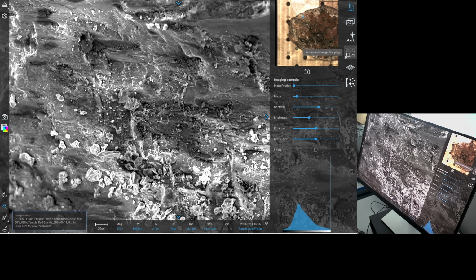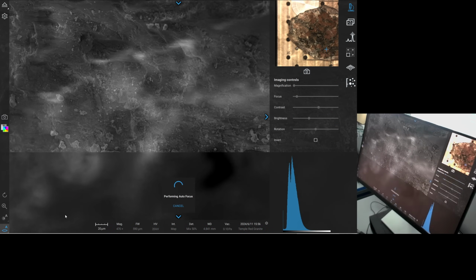I think we want to go and get one more roughness map. And we'll go to here to do it. We don't need to be on so high.